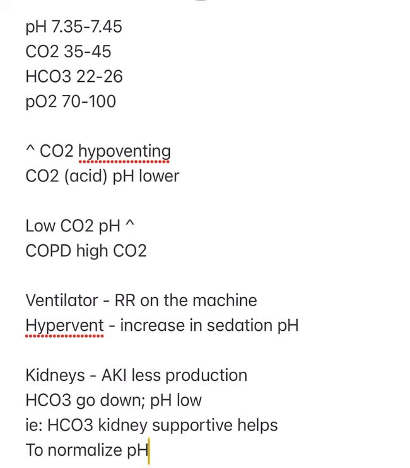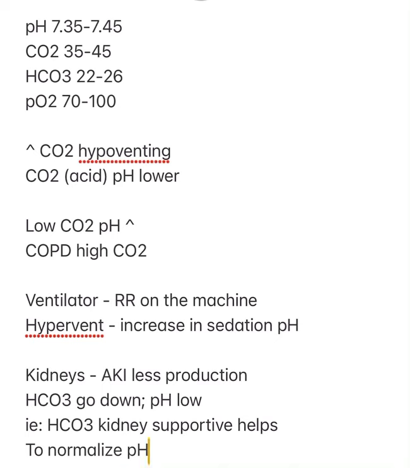I hope that's made sense so far. So to go over, the kidneys and the lungs are both regulatory mechanisms to control blood pH. When blood pH is out of whack, the patient can die. Death can happen with a pH of 6.9 or less and a pH of 7.8 or higher.